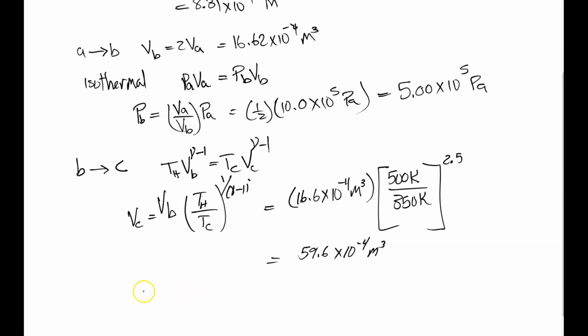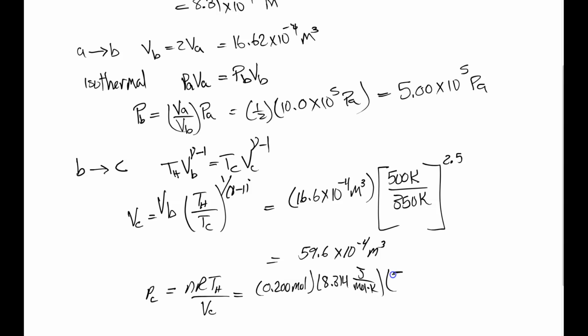And using the ideal gas law, then the pressure at point C is nRT over V, which is 0.2 moles times the gas constant times the temperature at point C, which is 300 kelvins, all over the volume at C, which we just found.